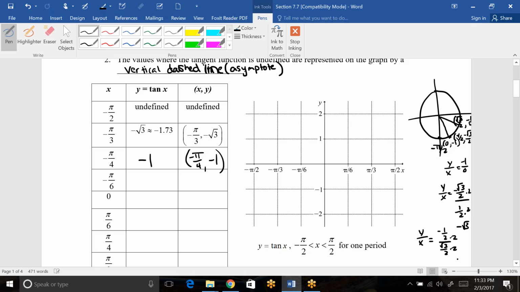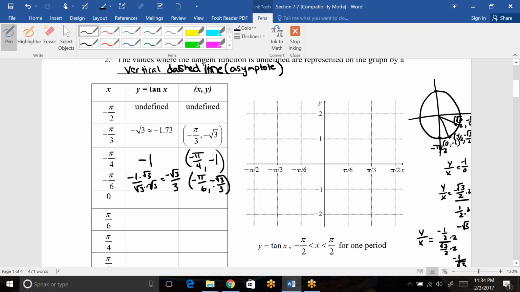You multiply by the 2, but the problem is you get negative 1 over the square root of 3, which has to be rationalized. So that gives you negative square root of 3 over 3. So negative pi over 6, and then negative square root of 3 over 3.